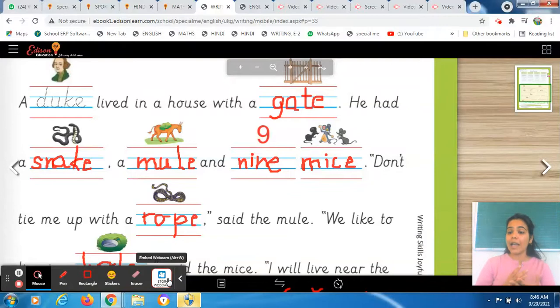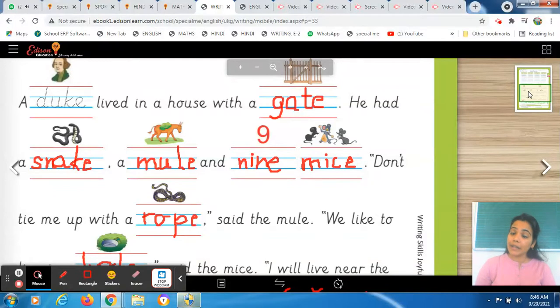So, among his pets, the mule said that don't tie me up with a rope. मुझे rope से मत बांध के रखो. Then another pet said, I like to live in a hole. Who likes to live in a hole? Mice.